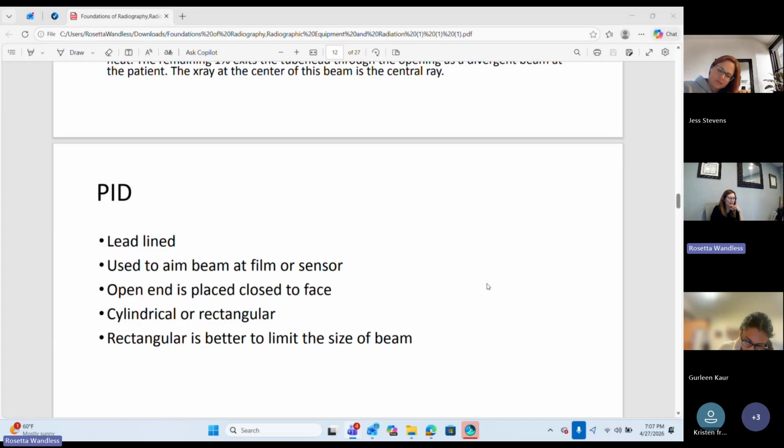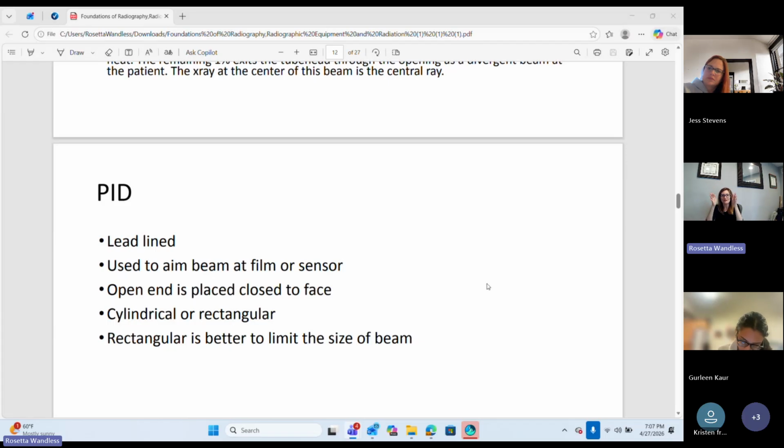We know that it comes in two shapes, cylindrical and rectangular. Now, again, we're going to suggest that the rectangular one is recommended because it limits the size of the beam. Only because our image receptors, our film and our sensors, are rectangular.